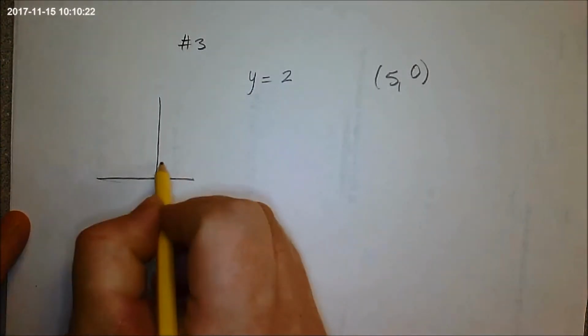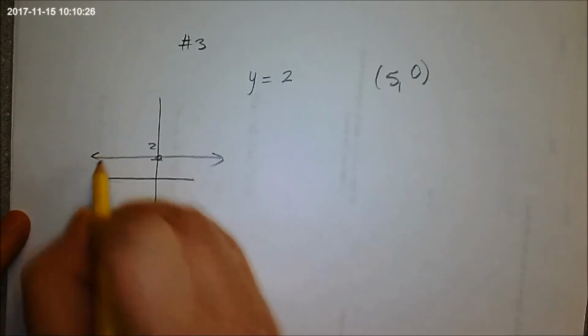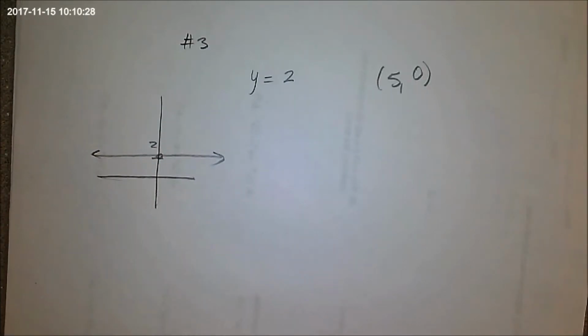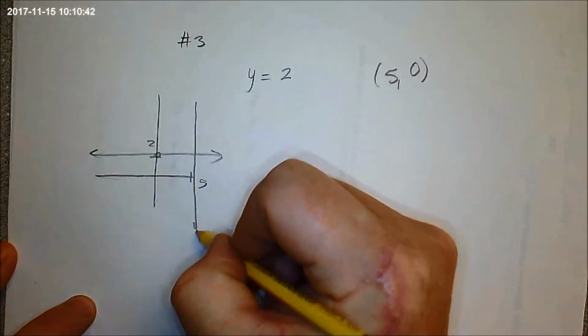That's y equals 2. And you're looking for something perpendicular, so that's going to be vertical, right? So if this was 5, x equals 5.